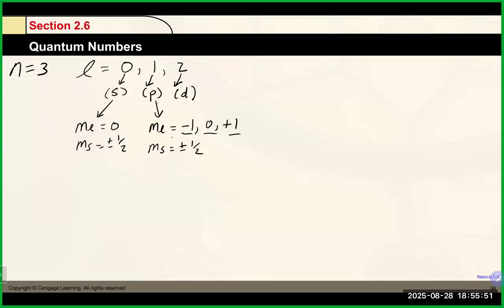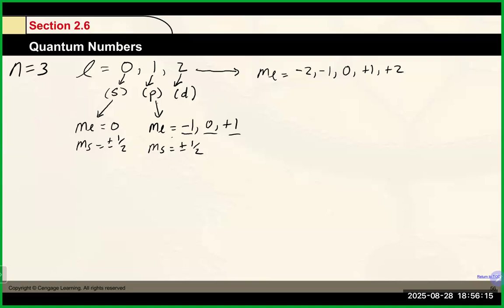Now, the one that we just got here that is new tells us that when we reach our third energy level, we will actually see some d orbitals. And our M sub L for that, again, is going to run from negative L to positive L. So that would give us a -2, -1, 0, +1, and +2.